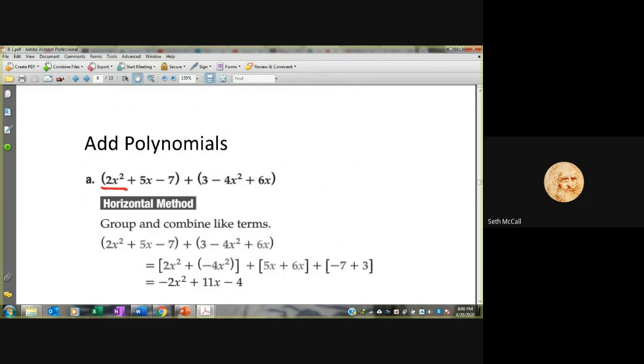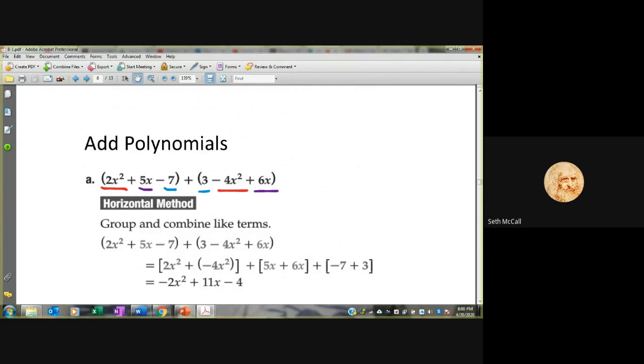We have a 2x squared right there. We have a negative 4x squared. Then if you look at the next like terms, we have a 5x right here, and we have a 6x right there. The last like terms that we have are going to be the minus 7 and the positive 3. So by color coding those like terms, it makes them very easy to see.